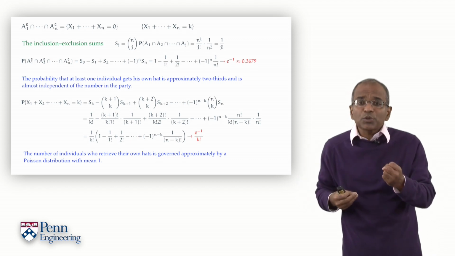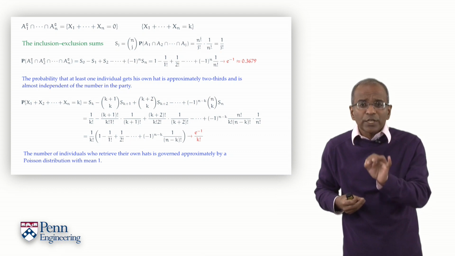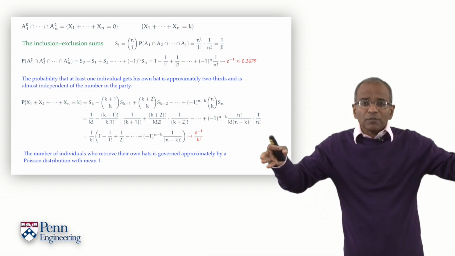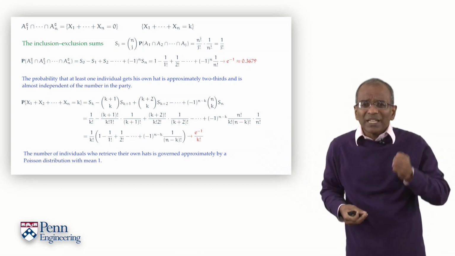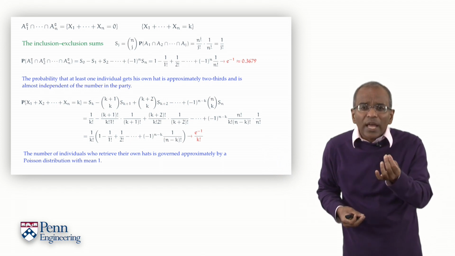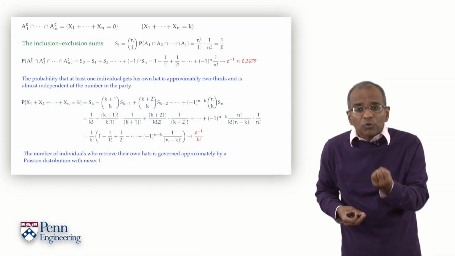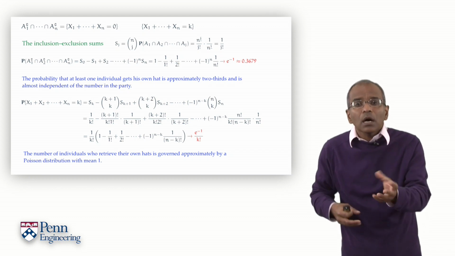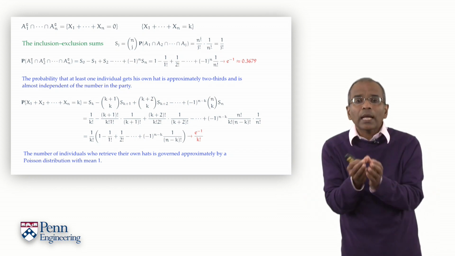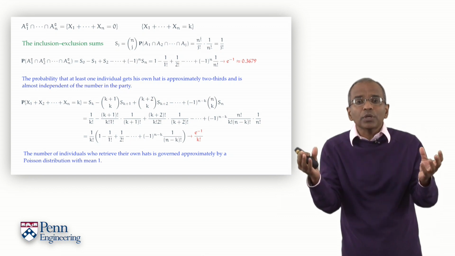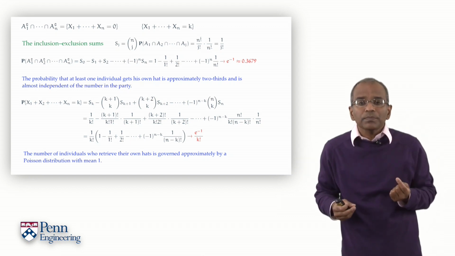In fact, most individuals don't. The chance of getting a hat back, even for modest values of n, is quite small. It's only 1 in n. This is a rare event. And what governs the number of rare events that occur? It is a Poisson distribution, and in this case, a Poisson distribution with expectation unit.